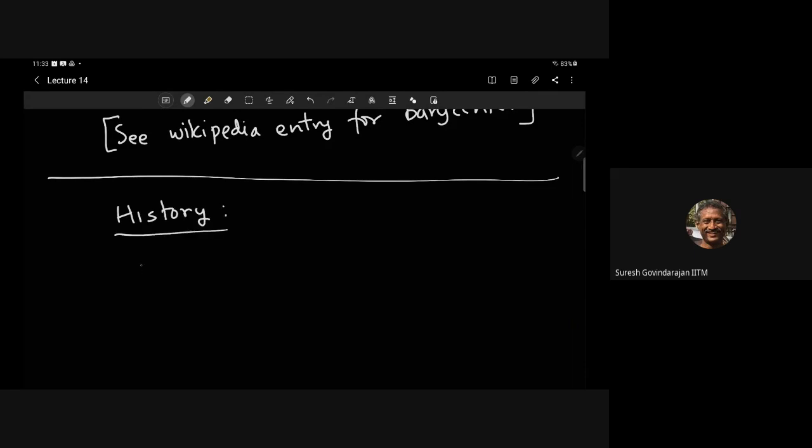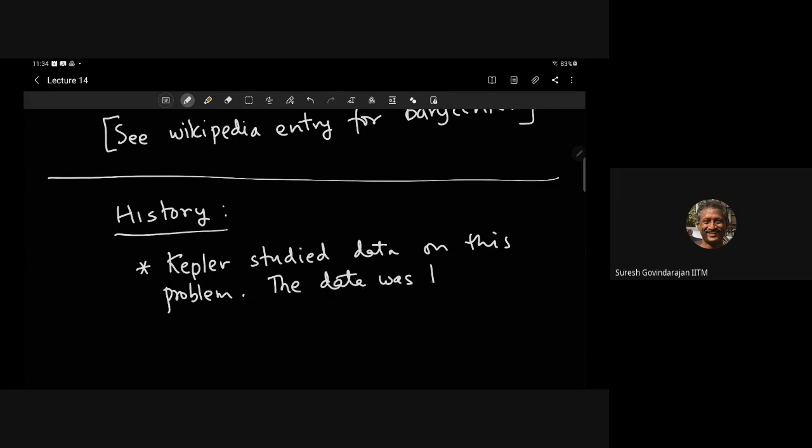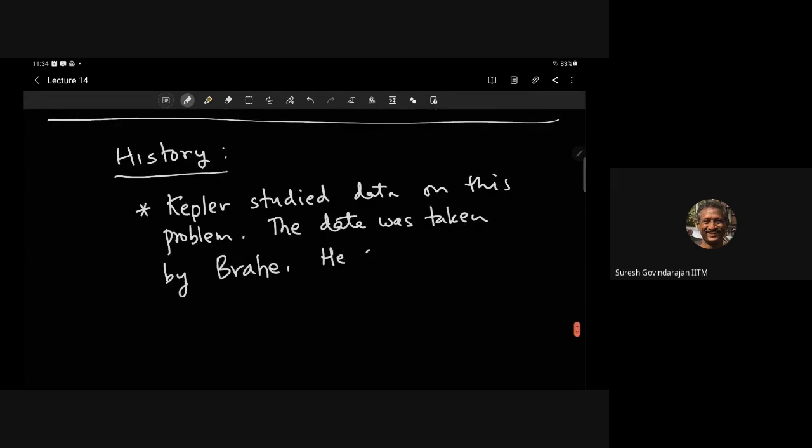Okay. First thing is that Kepler studied data on this problem, and the data was taken by Tycho Brahe, and with this he came up with his 3 laws of planetary motion.